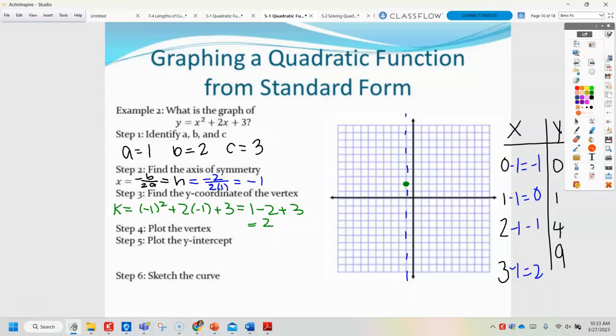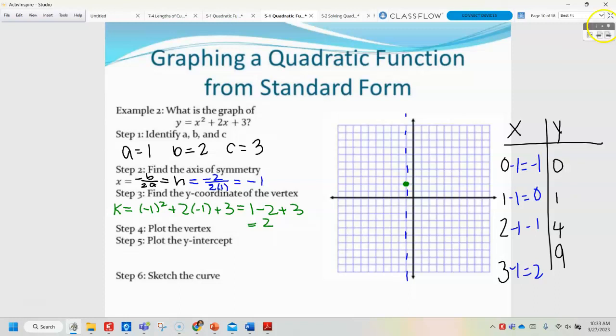A is 1, so none of those y's are going to change. But k is plus 2, so all of my y values are going to go up 2. And then we plot our points the same way we've been plotting them.